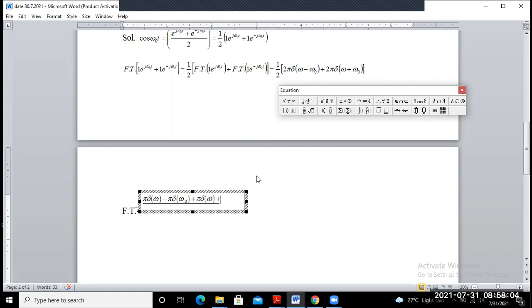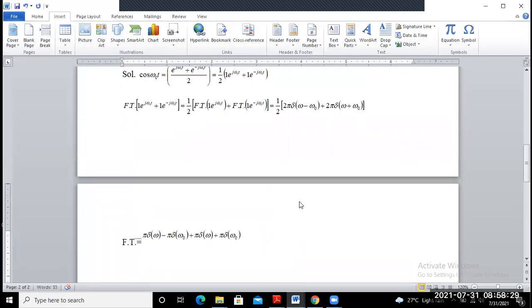So this pi delta omega naught with plus and this pi delta omega naught with minus cancel out.